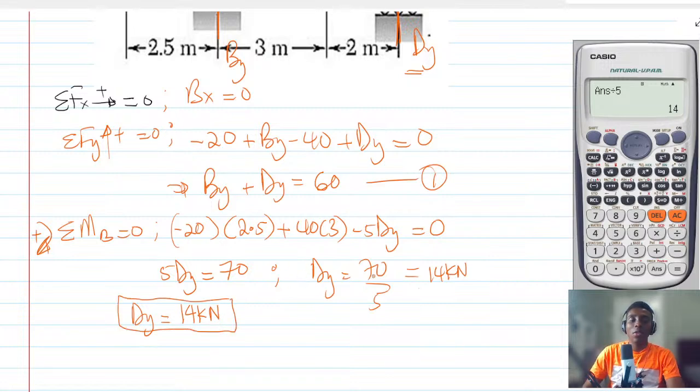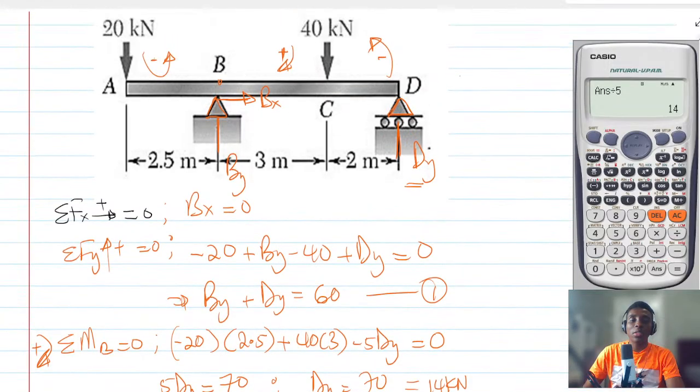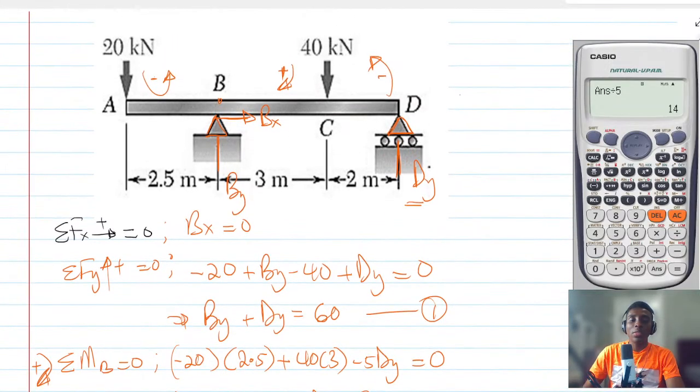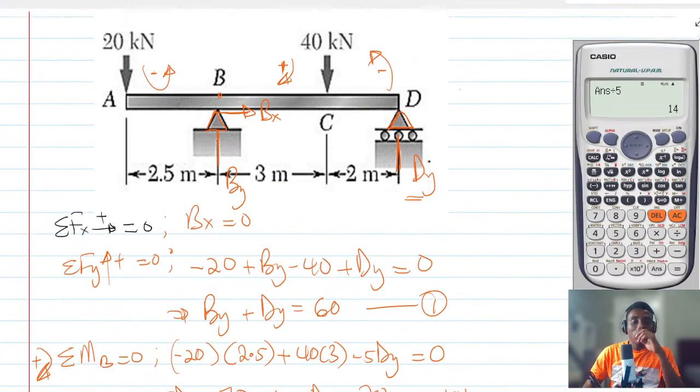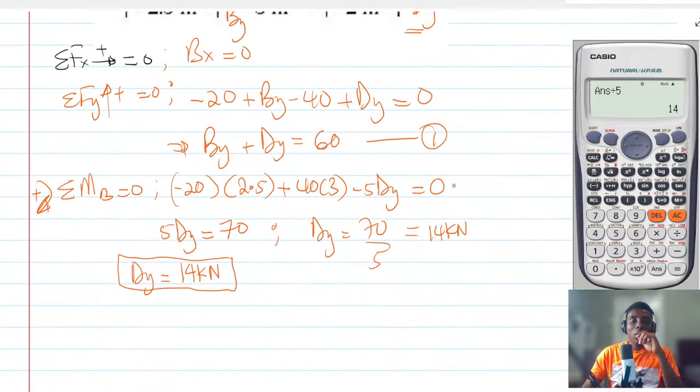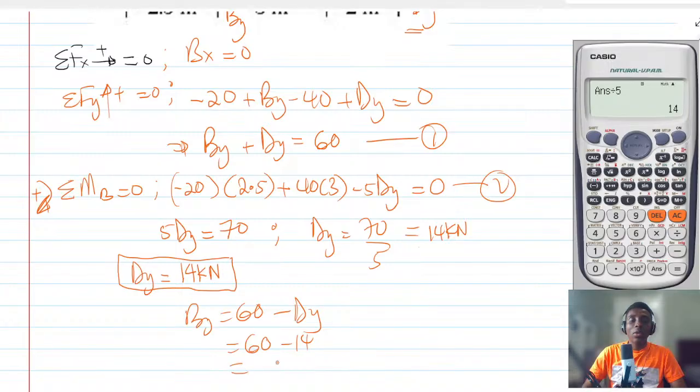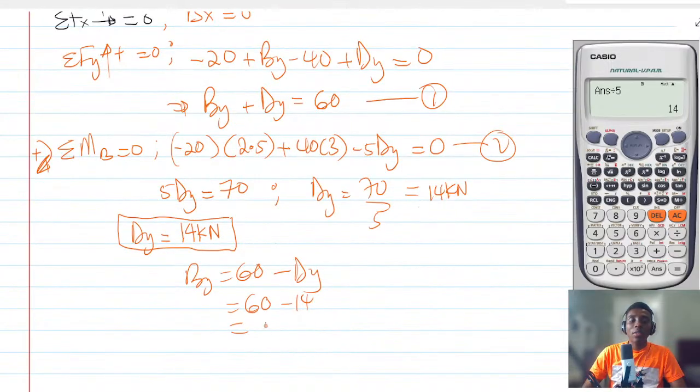Now after solving for Dy to be 14 kilonewtons, you substitute this value into equation 1. So we can say that By will be 60 minus Dy, which is 60 minus 14, and that will give us 46 kilonewtons.